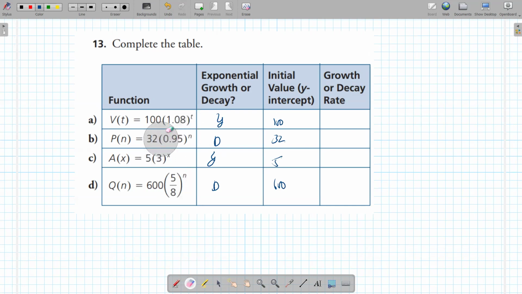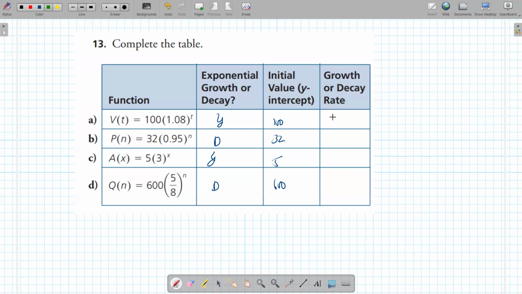C is slightly more tricky, the last part. It says growth rate or decay rate. If it's growth, you add to 1. So for A, the growth rate is going to be 8% or 0.08, okay? You add to 1 if it's growth, you subtract from 1 if it's a decay.